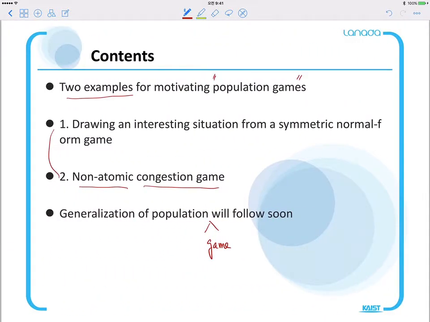Just as an aside, the population game is also called the evolutionary game. If you Google the keyword evolutionary game, they are more or less highly related. The definition is a little bit different, but whenever we talk about the evolutionary game, it is actually one of the population games.